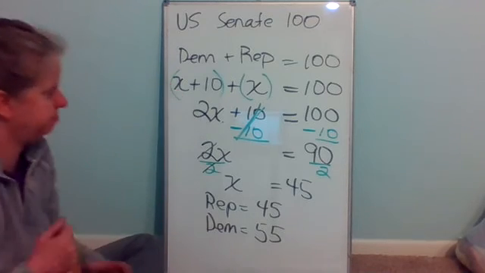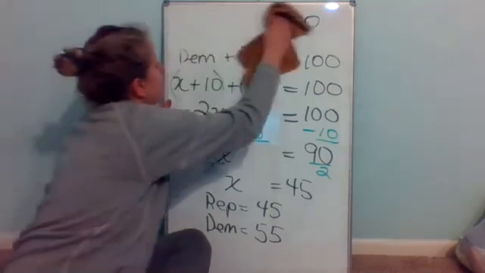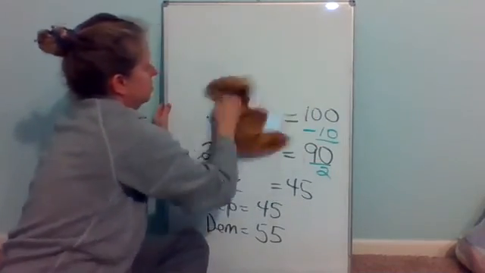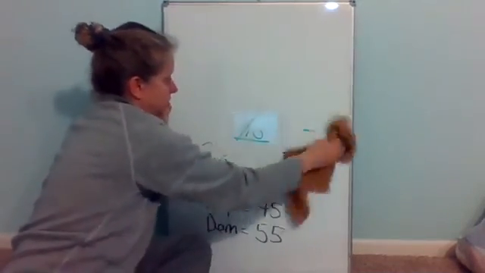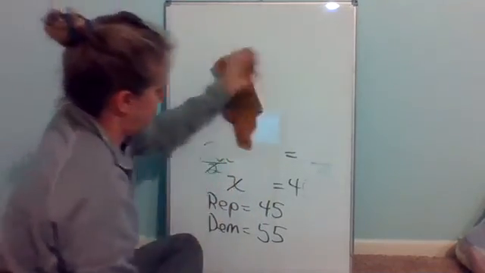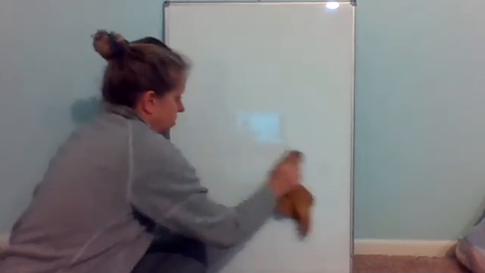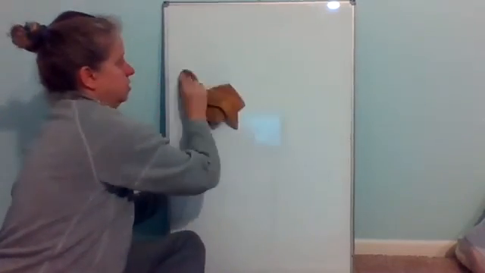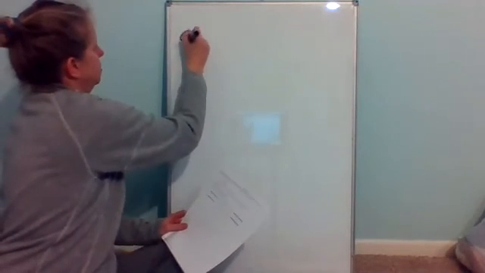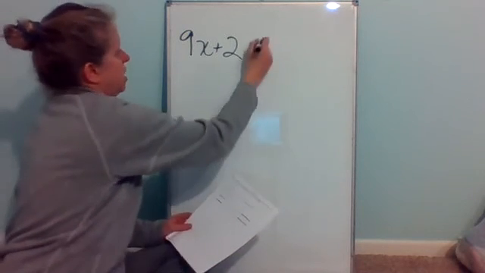All right, last one. Another inequality. Nine x plus 2 is less than 8x minus 1.